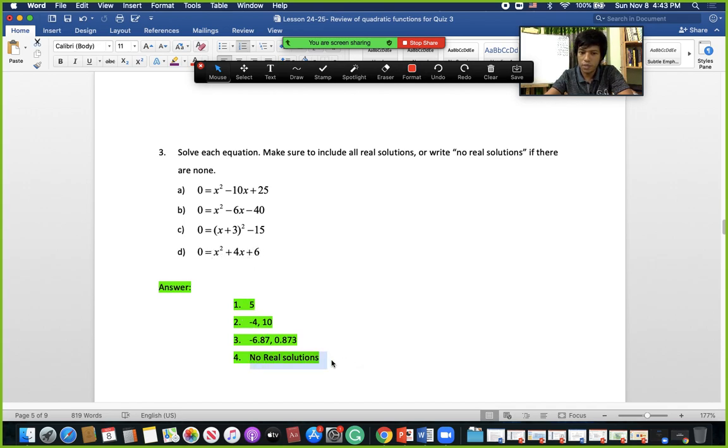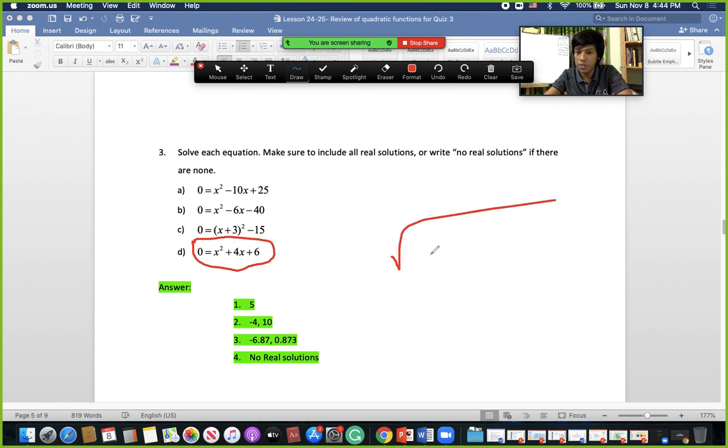That's why we have written there is no real solution. Why is there no answer? Even if you use the quadratic formula, you will see that within the square root of b squared minus 4ac, a negative will come. Negative means there is no solution. And of course, now you know that for the third one, the answer is a decimal.